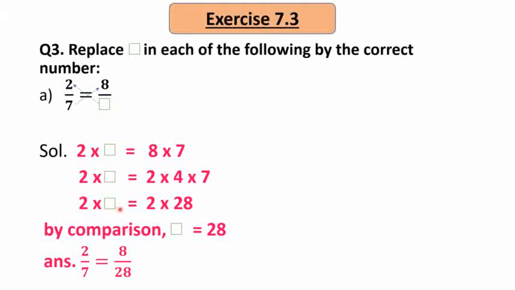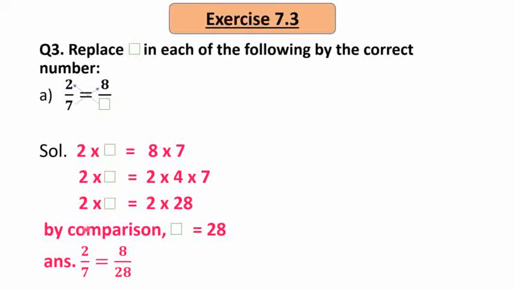And on this side you can see 2 is there and 4 into 7 is 28. Why are we writing it like this? Because afterwards we will compare the left hand side and the right hand side. So here also 2 is there, so we bring 2 and the next number is 28.